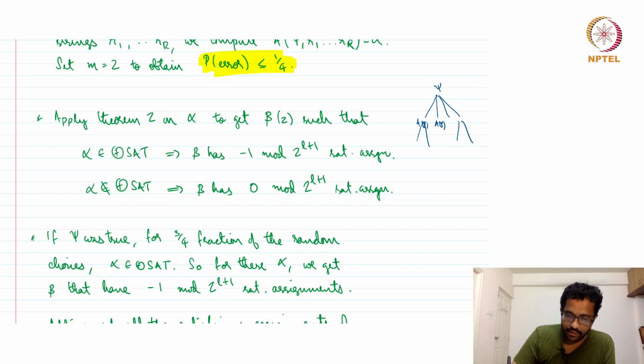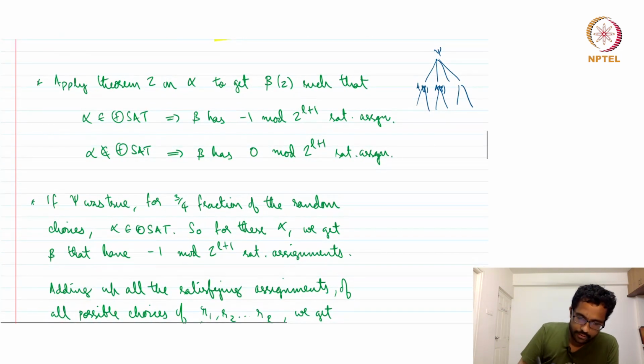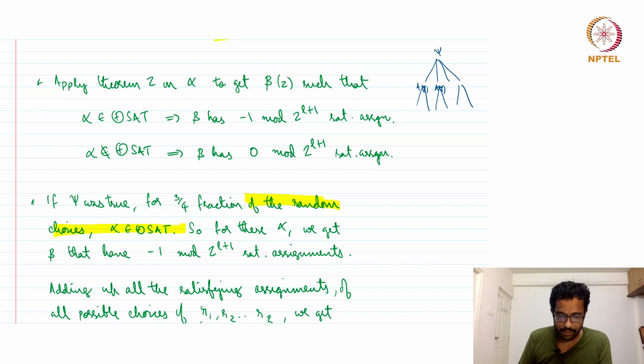And what does this mean? If psi was a yes instance, most of the A psi, like 3/4 of them, will produce yes instances, which means 3/4 of the random choices will have alpha as a yes instance of parity set, and for these alpha we get minus 1 mod 2 power l plus 1.